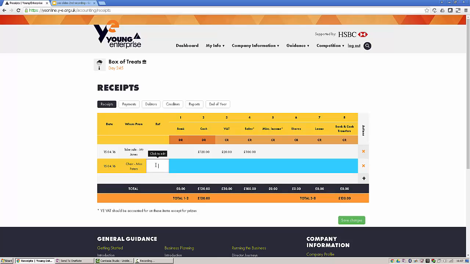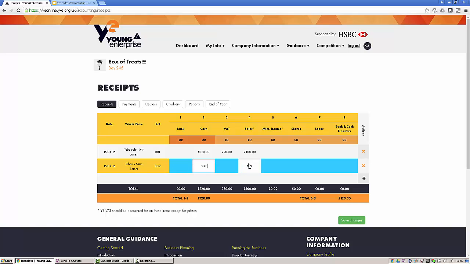So as it's my second sale, I can reference it 002. And this time, she's bought quite an expensive chair. She's bought a chair which is £200 plus VAT. So again, £200 plus 20% VAT. I'm going to receive cash of £240. So I can pop that in there.